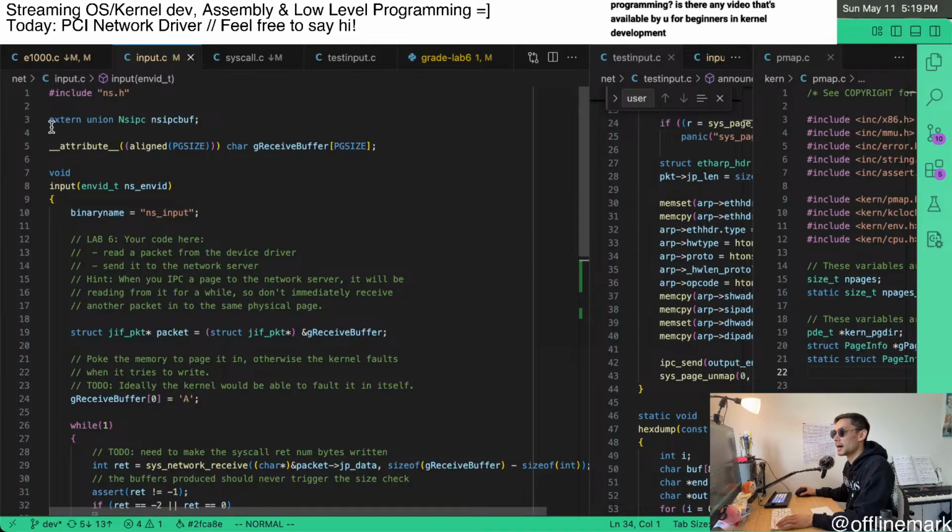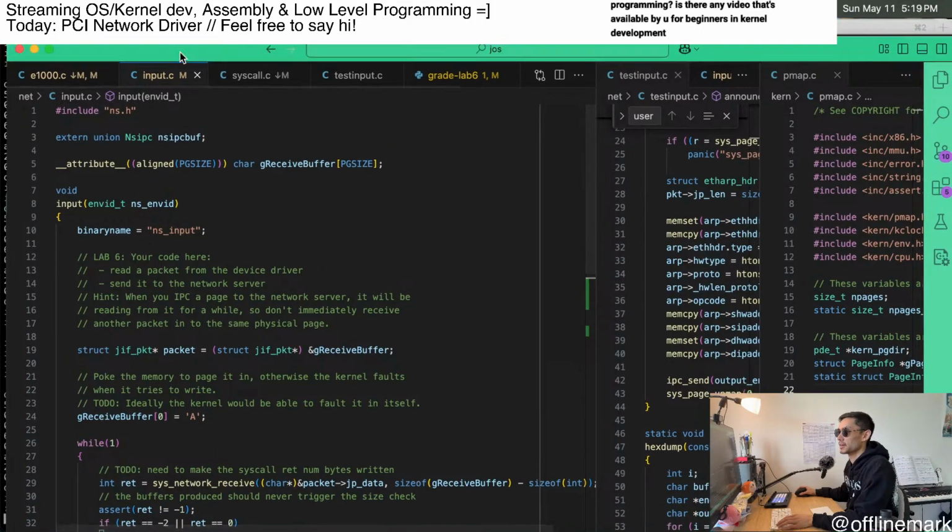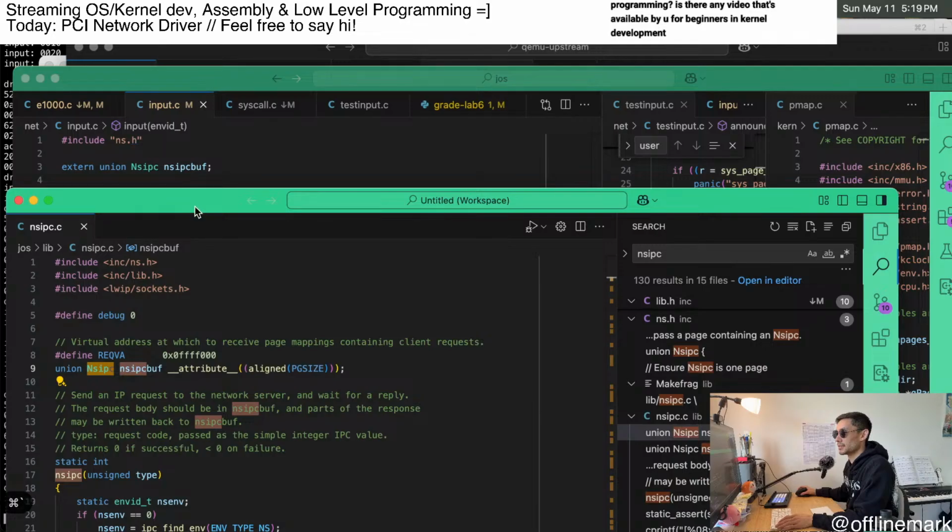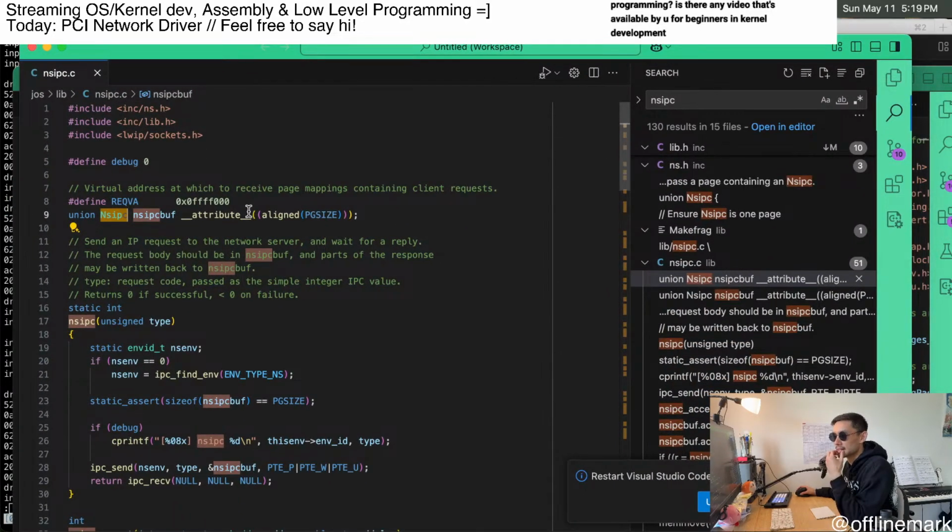I did it myself. I noticed one other OS didn't do this. I think it used this NSIPC buff thing, which already exists.